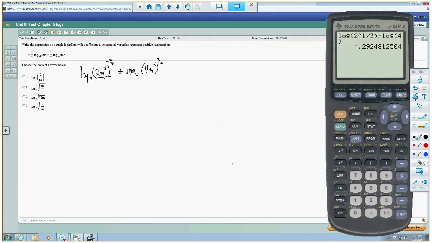Right here, I'm going to go back and write negative 2/3 log base 4 of 2m squared plus 1/2 log base 4 of 4m squared.